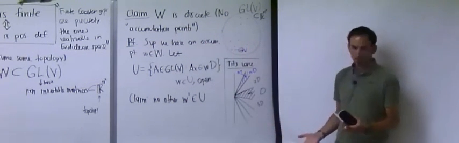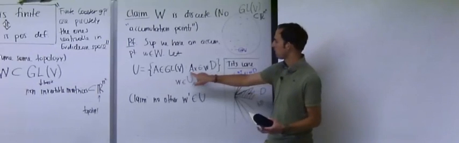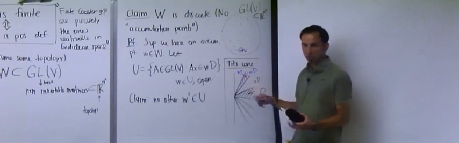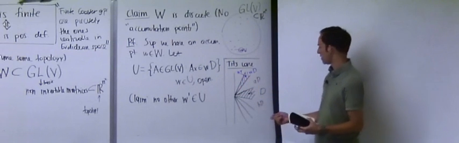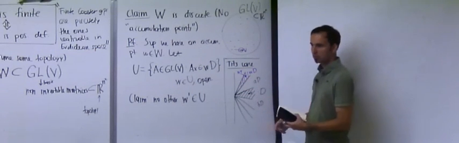Now, what I would like to claim is that no other group elements are in it. Claim: no other W prime is in U. How do I figure out if W prime is in U or not? Well, I have to figure out whether W prime sends X to my purple part or not. But W prime is a different group element, so it has its own chamber.